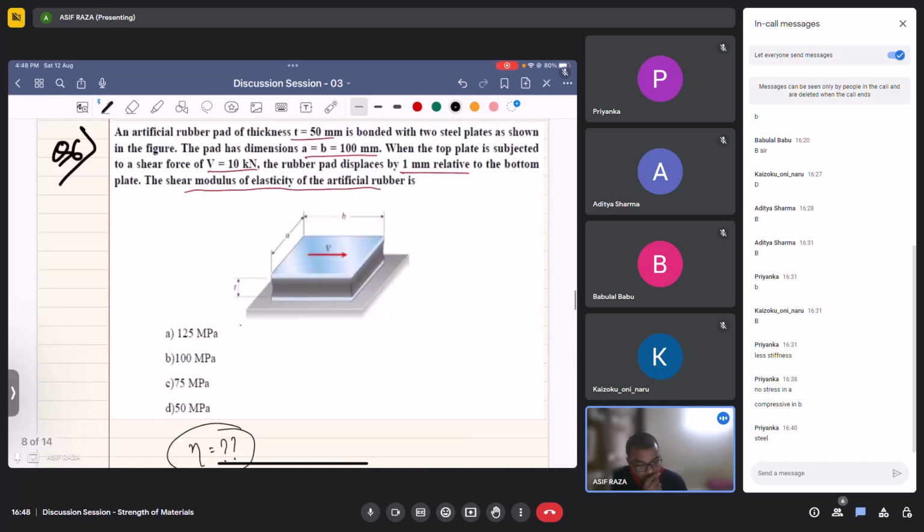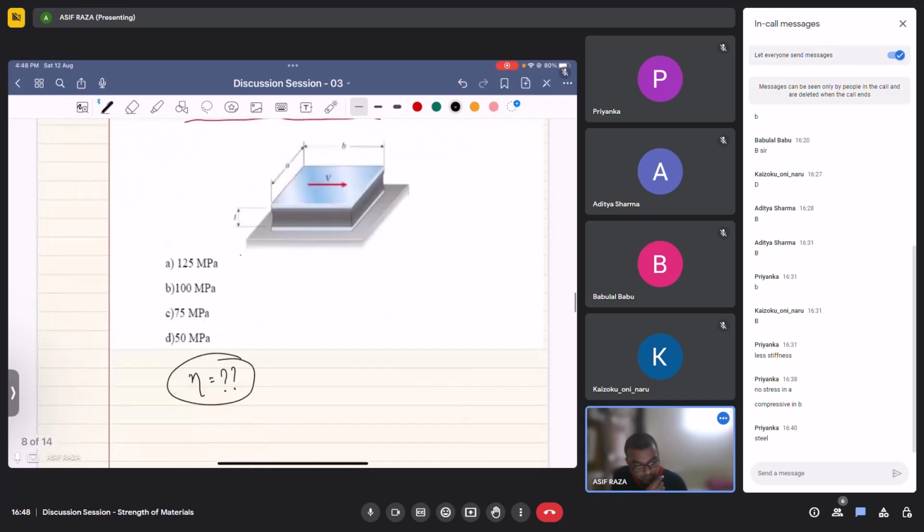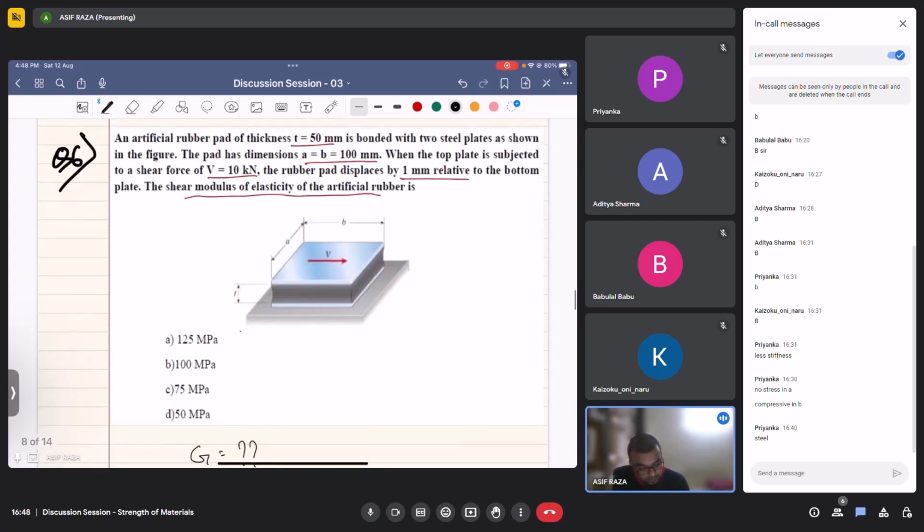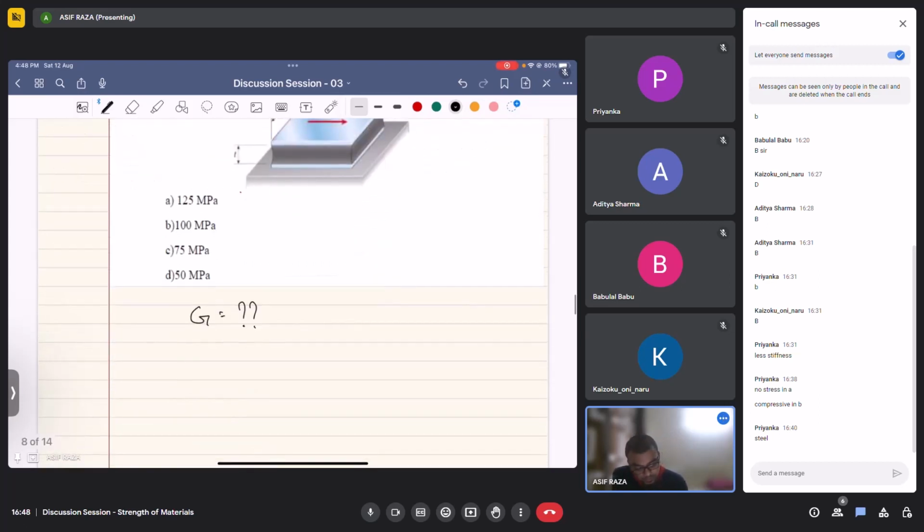In general, it is denoted by G. To calculate it, we need the shear stress upon the shear strain.